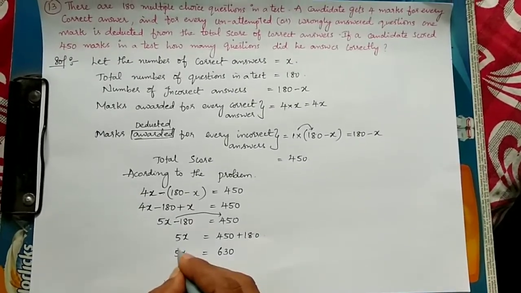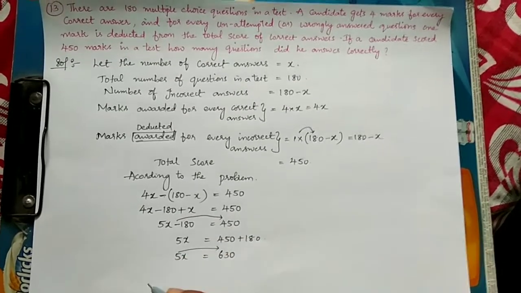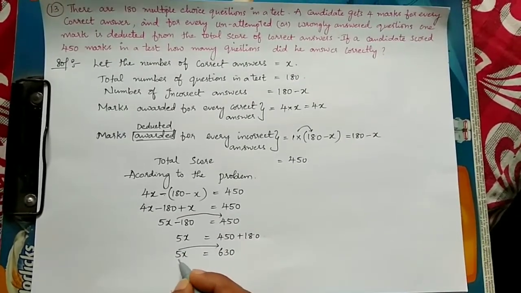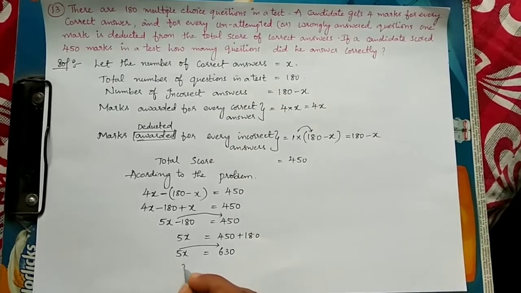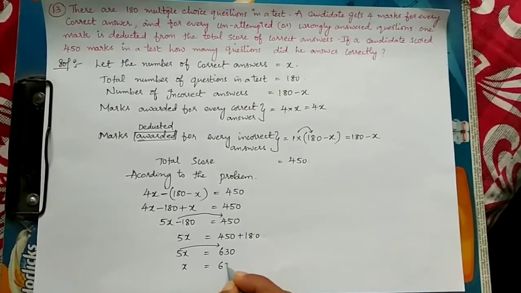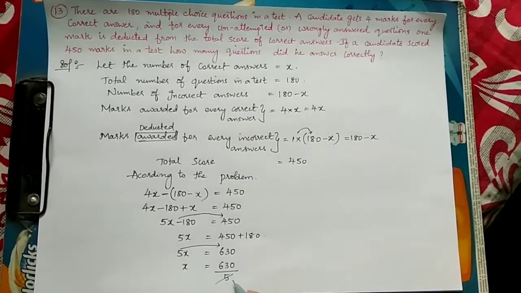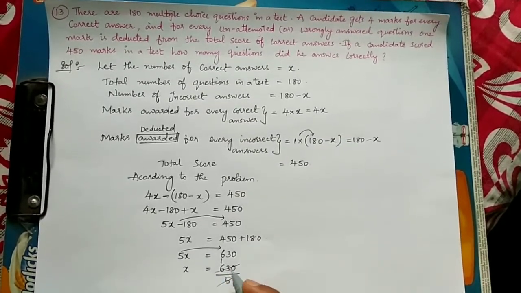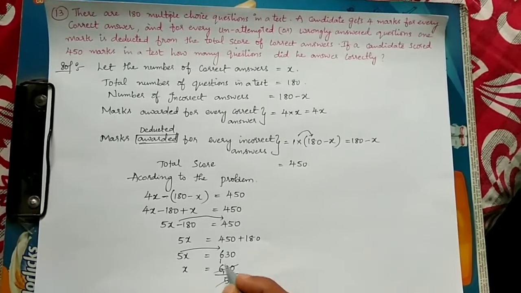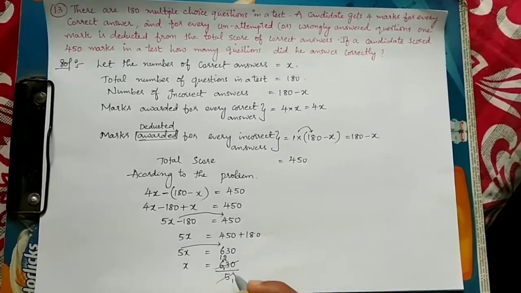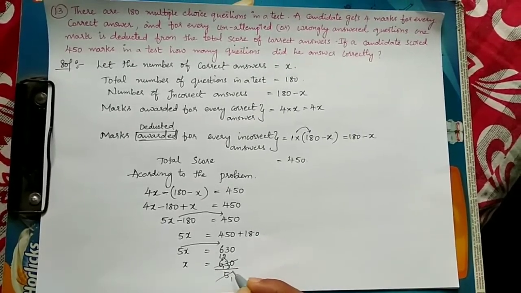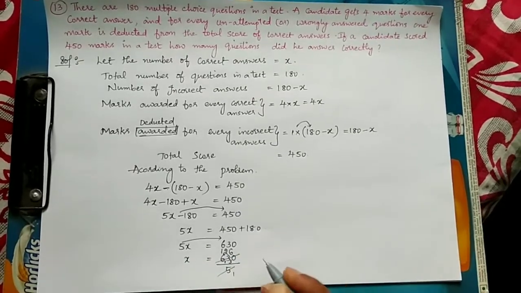Okay, now transpose this 5 to the RHS, which is a multiplication. If I transpose multiplication, we get a division, that is 630 by 5. Now we can cancel: 5 ones are 5, 1 remains, 5 twos are 10, so 3 remains, 5 sixes are 30.